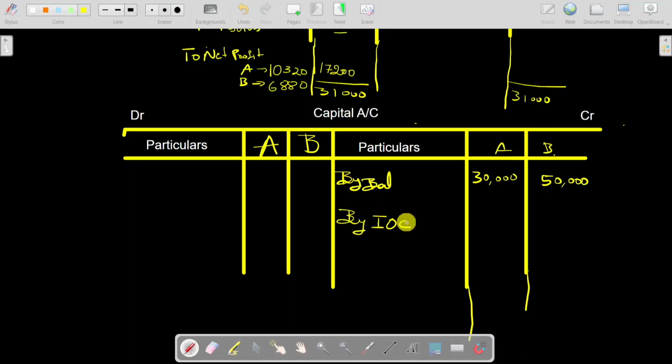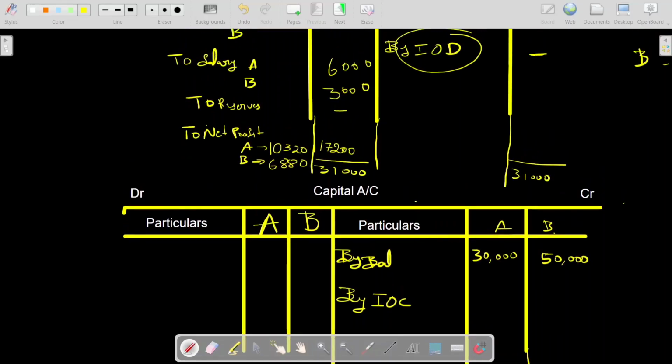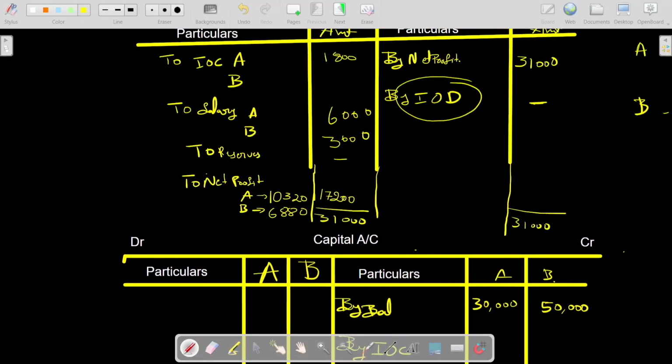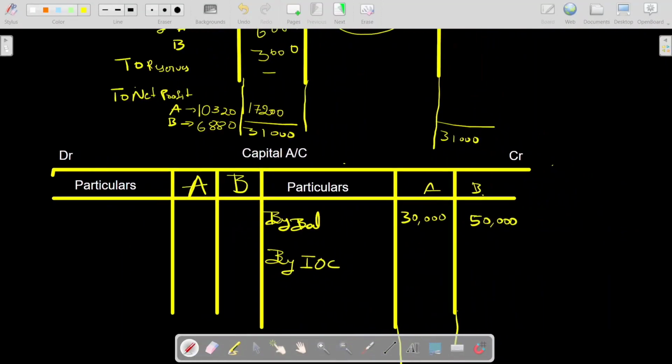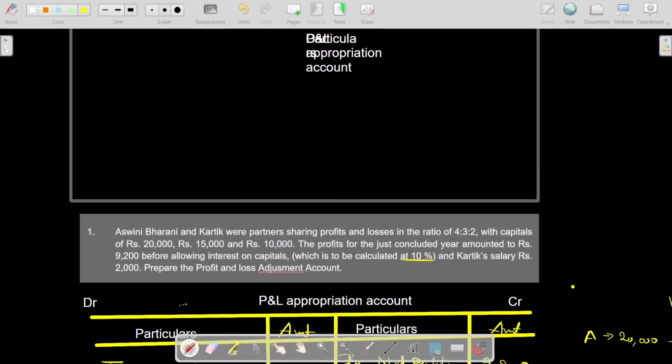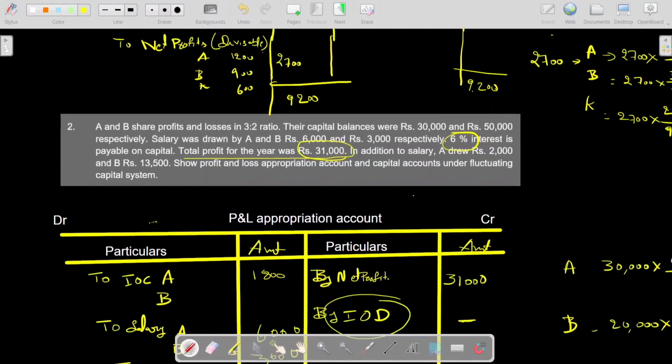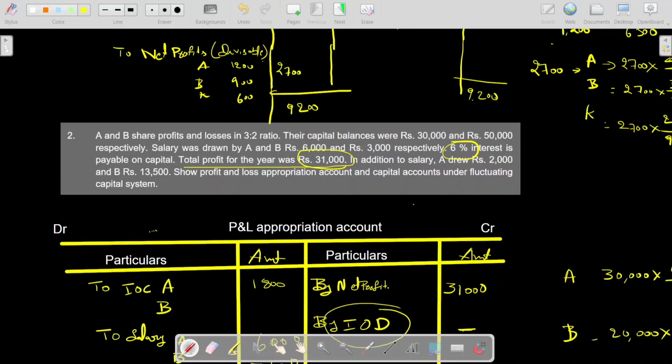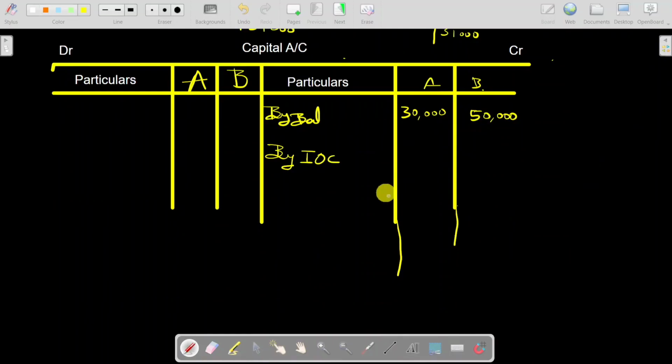So by interest on capital. How much interest on capital is A getting? 30,000 into 6%, that is 1,800.